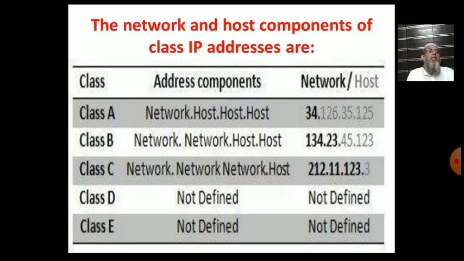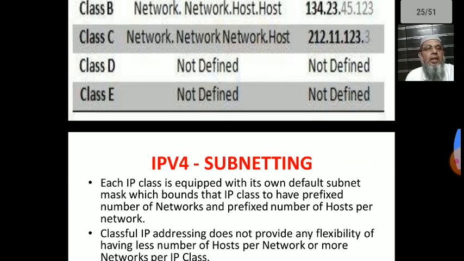In class B, 134.23 is the network address, shown in dark, and in gray 45.123 is the host address. Again in class C, the first three decimal values separated by dots, 212.11.123, are the network address, and the last one in gray is the host address. That is not defined specifically in class D and class E.